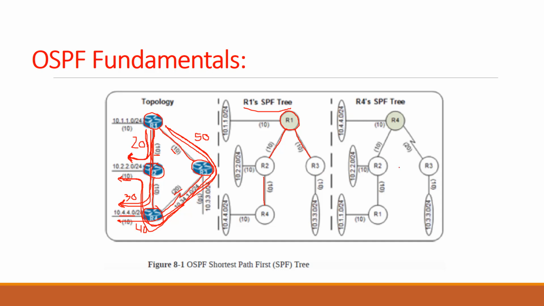From R4's perspective, the link between R1 and R3 is missing; it is not present in the shortest path first tree from R4's perspective. And from R1's perspective, the shortest path first tree ignores the link between R3 and R4.